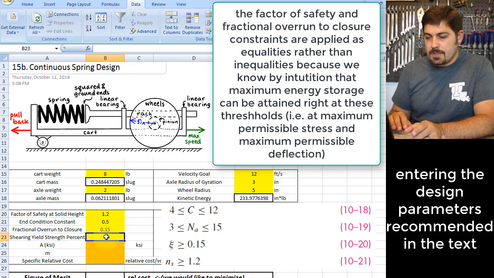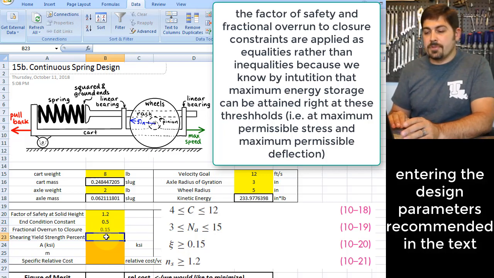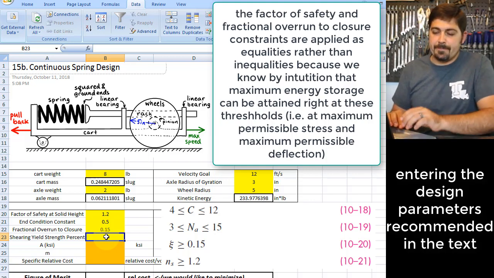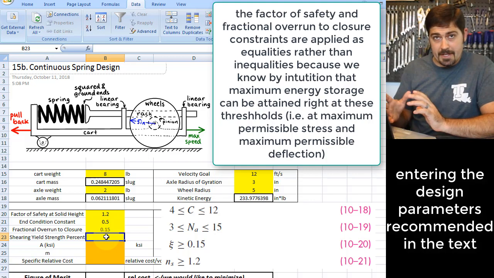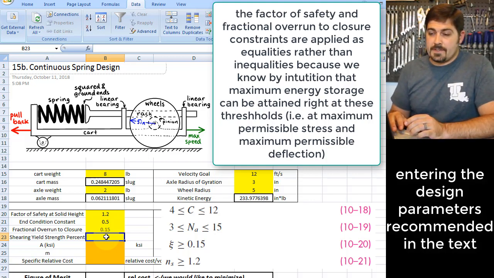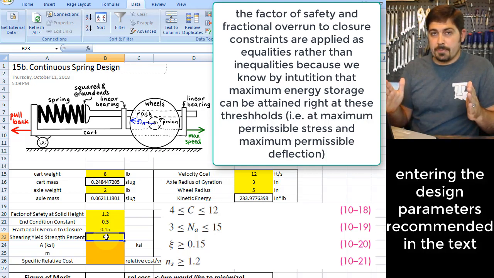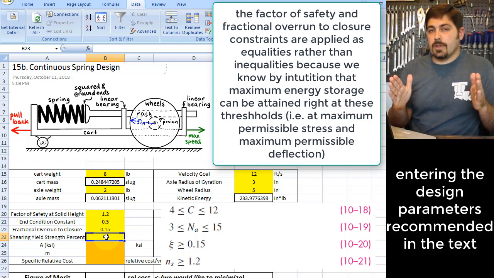Another one to use here is a shearing yield strength percent. Now here, this requires me to talk about this just a little bit. In order to maximize energy storage, it's actually helpful if you use a spring that has had its set removed. What that means basically is that the spring was made by making it originally a little bit longer than it really needed to be in its final form.